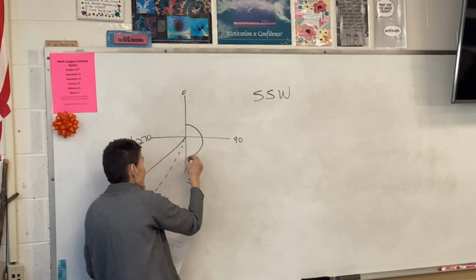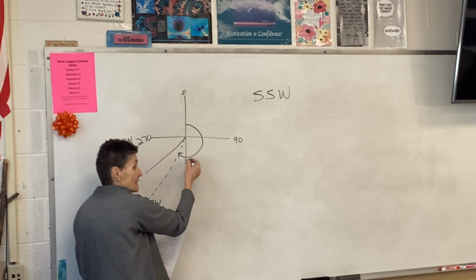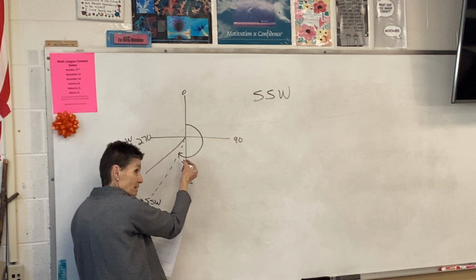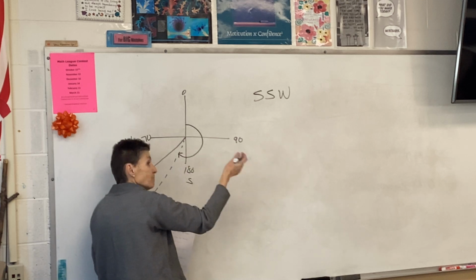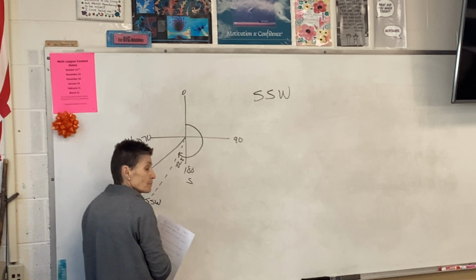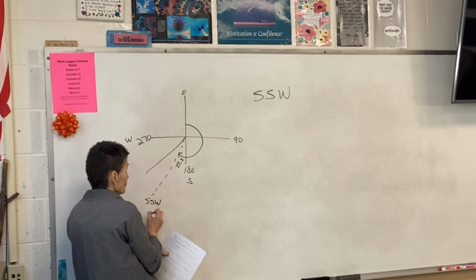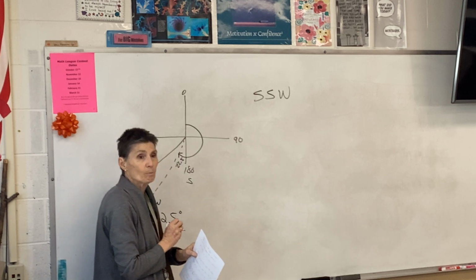So this is the angle that I'm trying to figure out. So I know it's 180 plus something. What's that little bit right there? How much is that? 22.5. Half of 45, which is 22.5. So 202.5, how does that sound? 202.5?